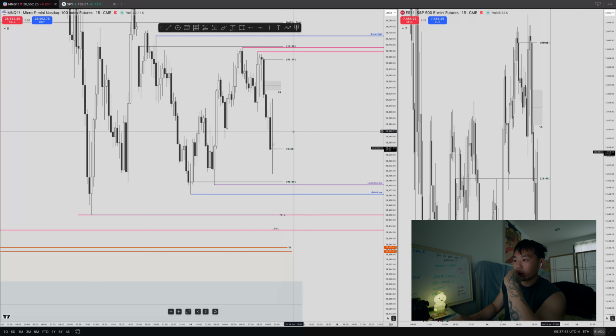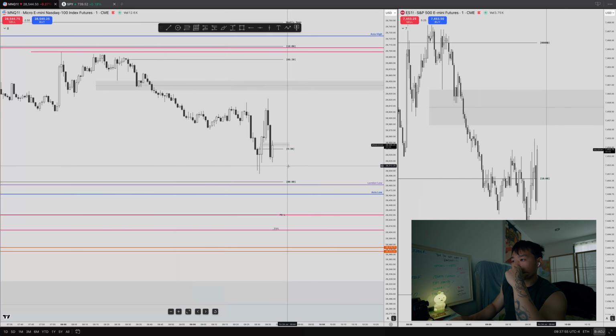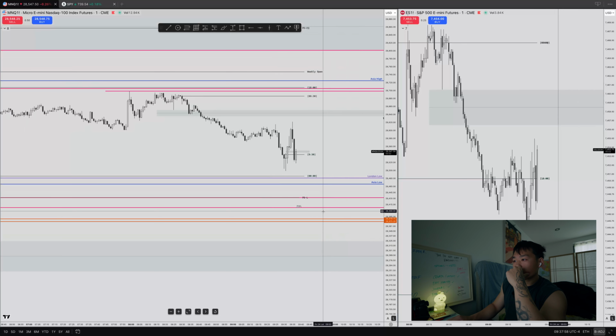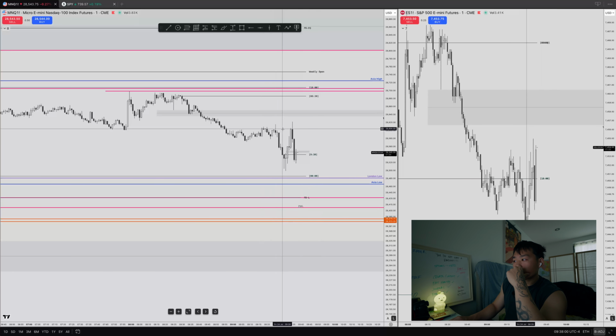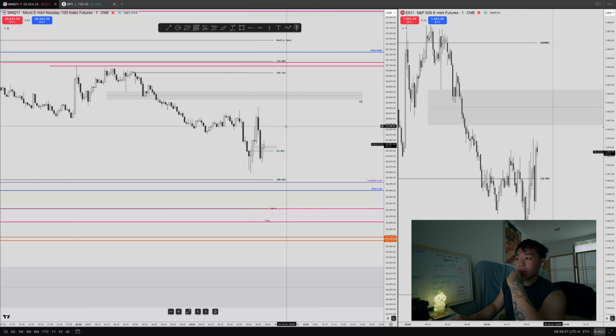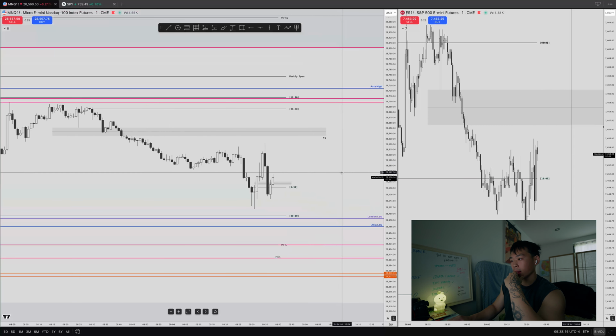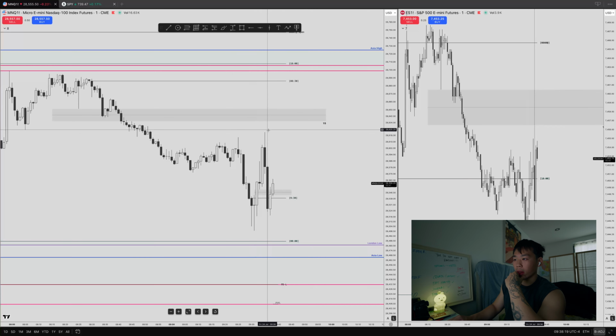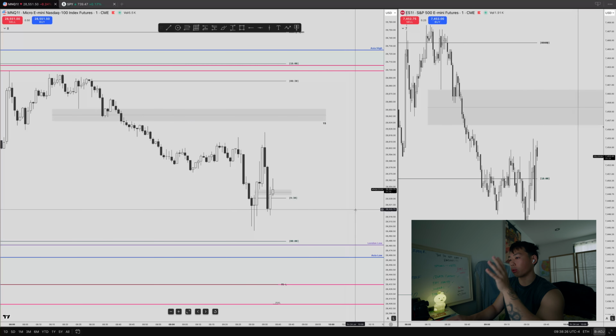I don't really like this move. It's not a move that I particularly like, just because we do have the 15 here. If we didn't have a 15, I would have taken that. But being that we do have this 15, it's a little dangerous for me to take that, just because I do not think this high is protected. If we get one more resweep into the 15 and then we short from there, okay, fine, that's cool.